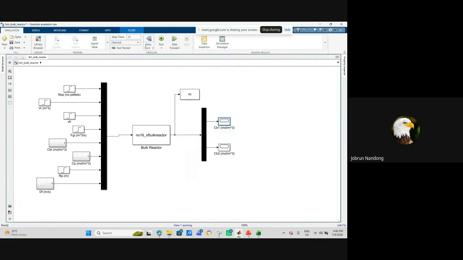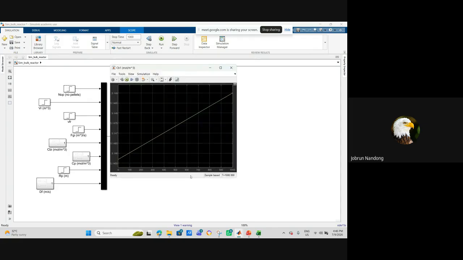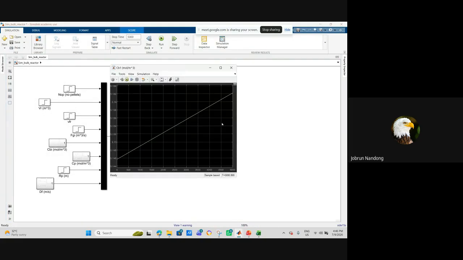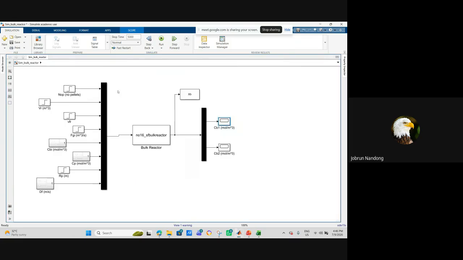Just make it a bit longer. It's a bulk reactor. The dynamic of the bulk is very slow. Maybe 5,000, we'll see. Yeah, this one is slow, because we increased this one.